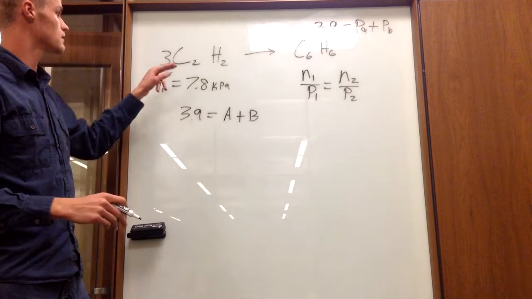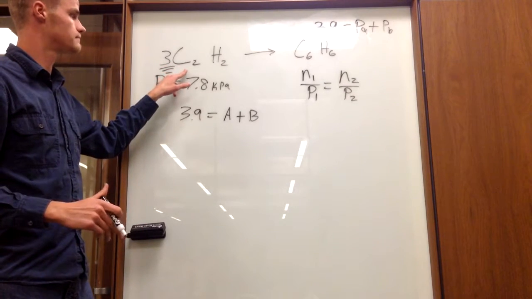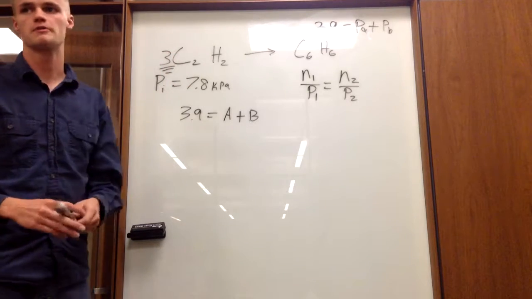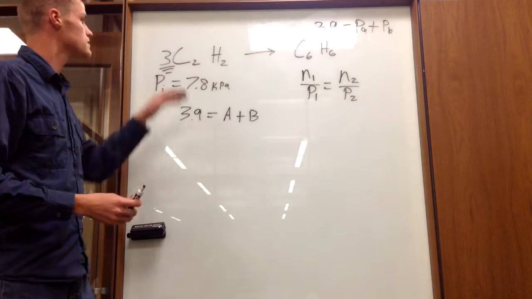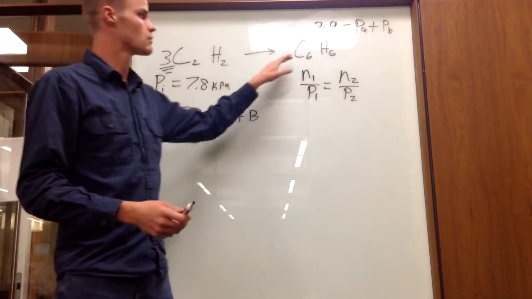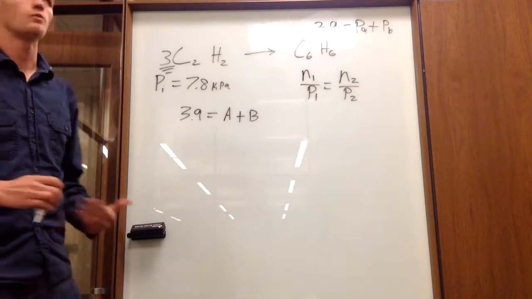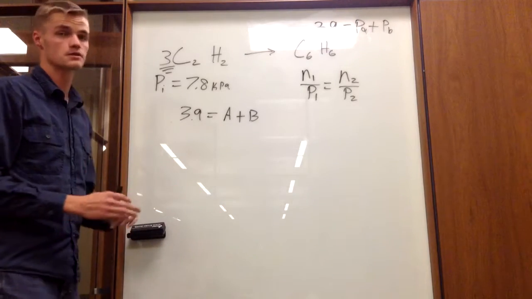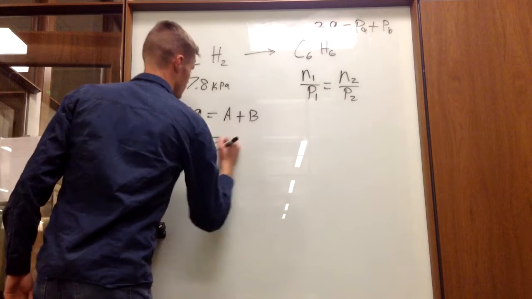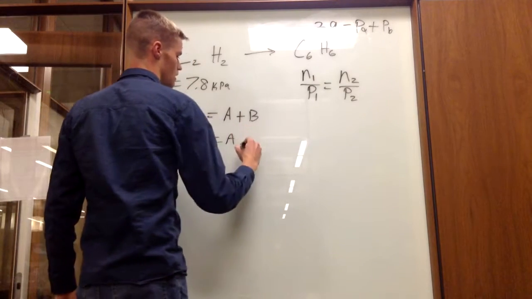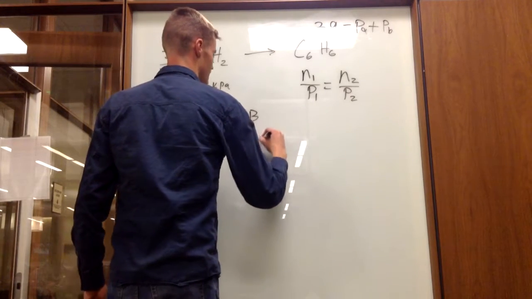So from the chemical equation from the beginning, we understand that 3 moles of acetylene is required to make 1 mole of benzene. So we can reason that backwards, and we can say that 7.8 will be equal to the acetylene plus 3 times the benzene.